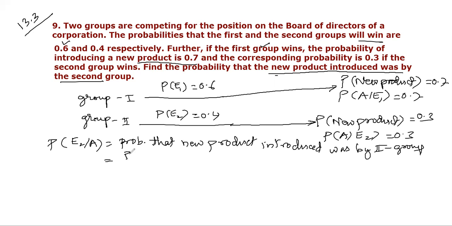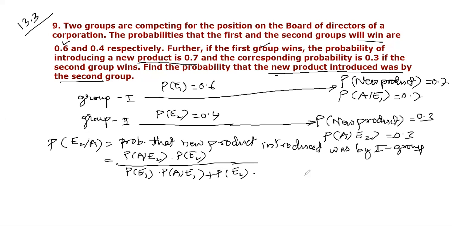So similarly, you have to write probability of A given E2 into probability of E2, divided by probability of E1 into probability of A given E1 plus probability of E2 into probability of A given E2.